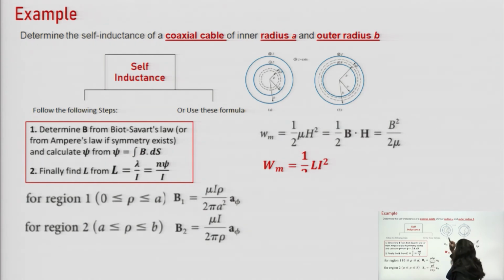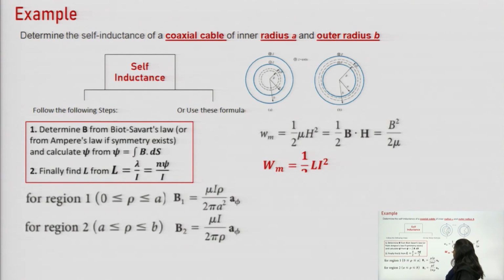For a coaxial cable, two regions exist. We covered all the regions in the previous lecture when we were seeing the application of Ampere's law.